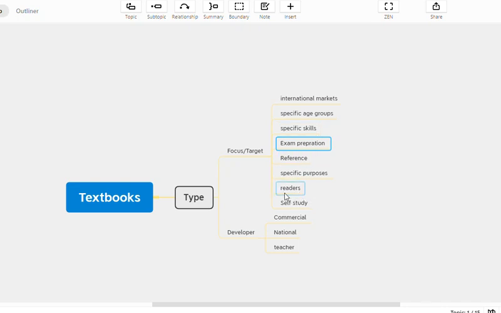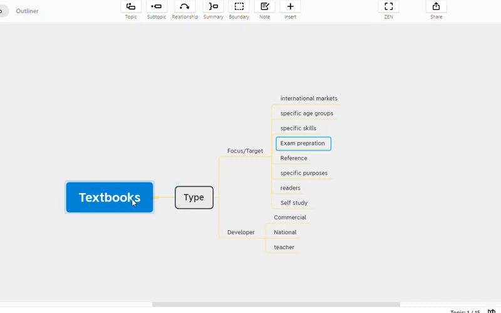Sometimes we have readers, a series of readers, or reading passages sequenced in terms of their difficulty and complexity level. And if students want to do self-study, they need to refer to self-study textbooks, or textbooks written for students' self-study.